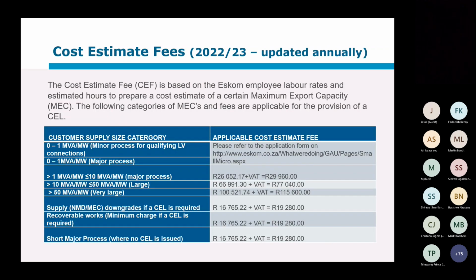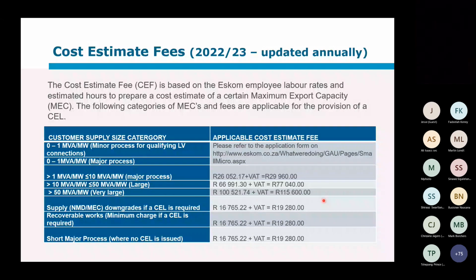So for instance, we've got here the estimates of application fees from the Eskom application form. So you can see that, for just above 1 megawatt to about 10 megawatt, it's not a massive application fee. And then for quite large installations, it does go up quite a bit.